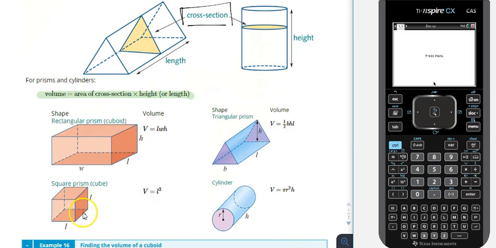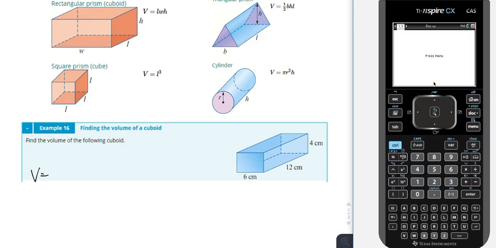Length times length would be the bottom of the shape, and then timesing it by another length. Or pi r squared is the area of this circle, timesing it by the height. And a half base times height is the triangle, and then timesing it by the length. So this is all just following this prisms and cylinders volume formula: area of a cross-section times the height or length or depth.